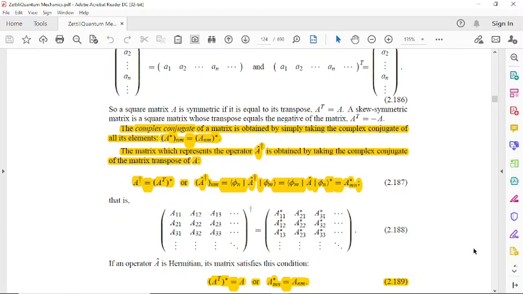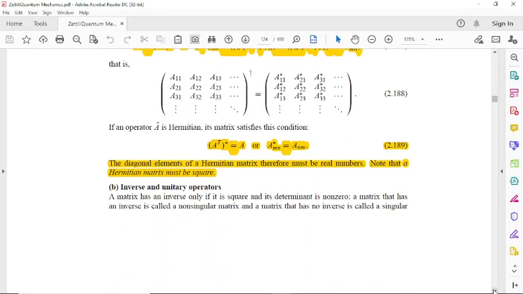That is, A transpose star equal to A, or A star mn equal to A nm. The diagonal elements of a Hermitian matrix therefore must be real numbers, so a Hermitian must be a square matrix.